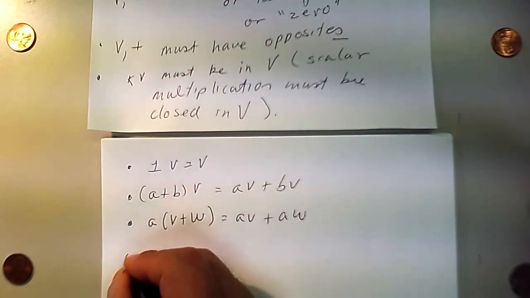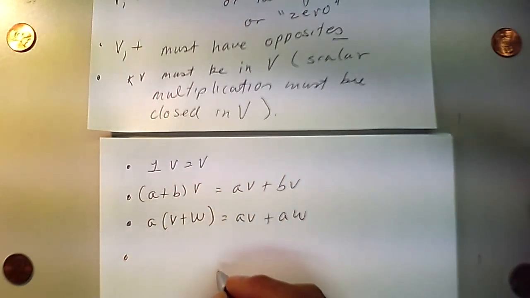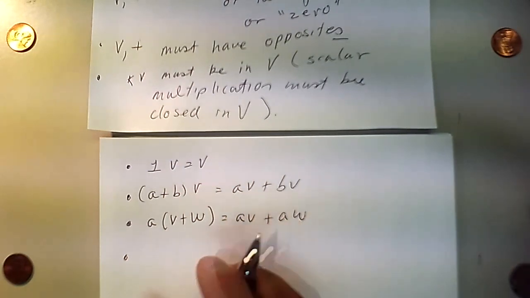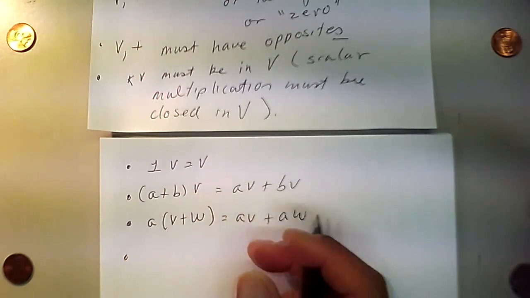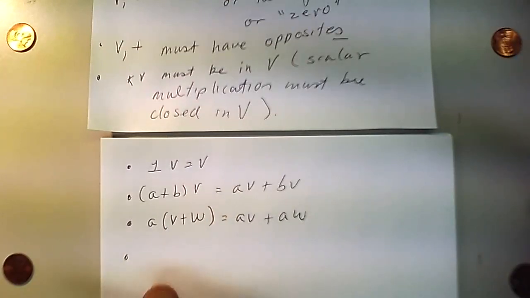And we have to have compatibility between the scalar multiplication among themselves and the scalar with vectors. So the multiplication has to be compatible.